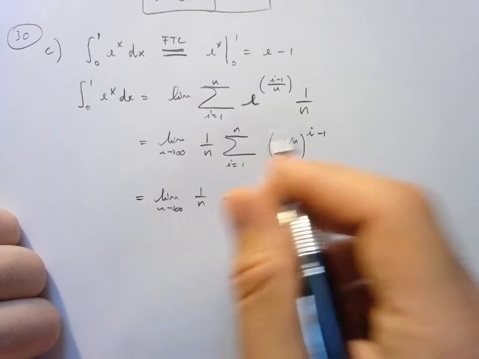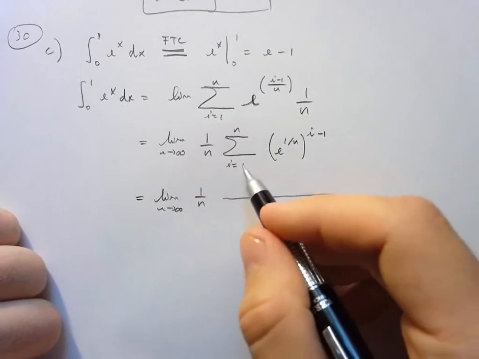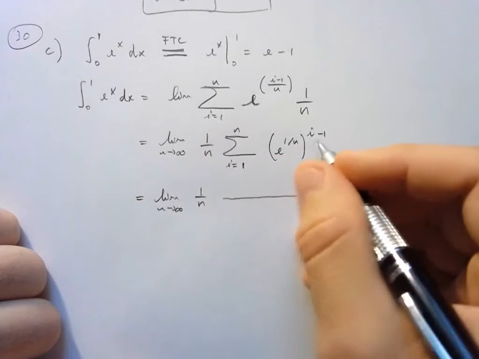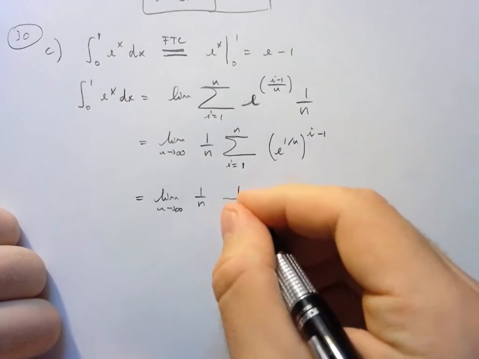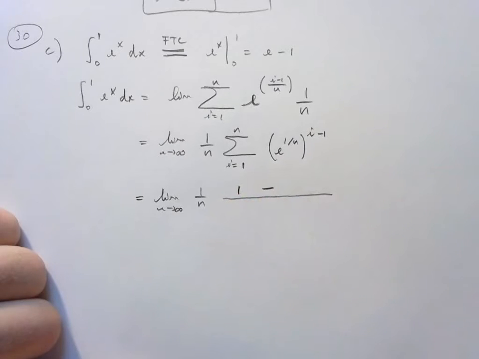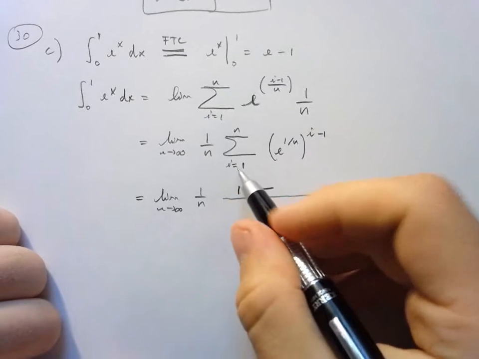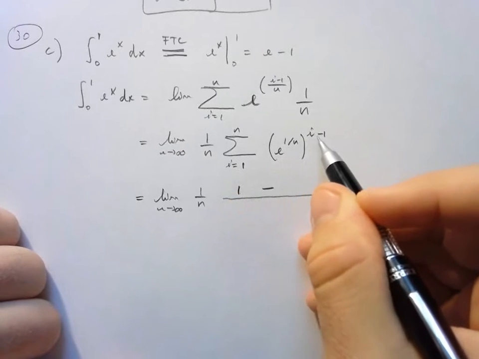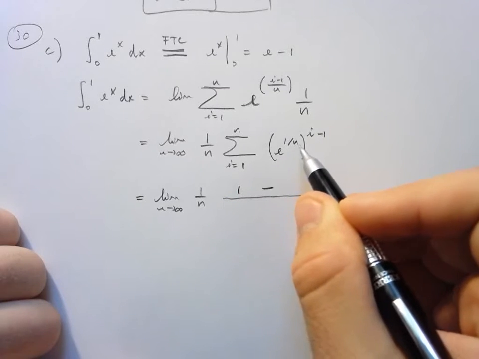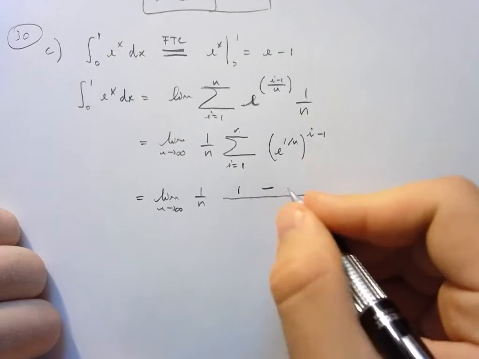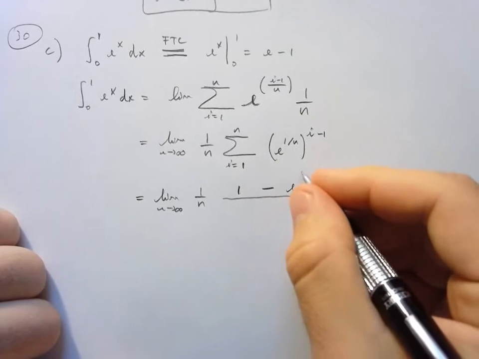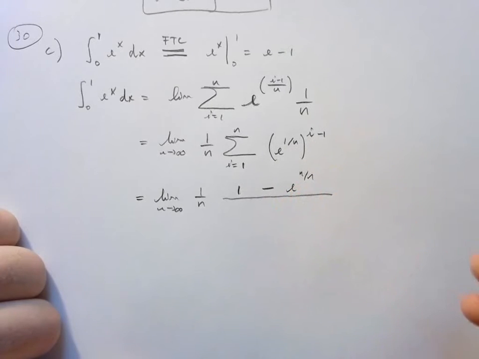The closed form for a geometric series is the first term, so when i equals 1, the first term in the sum is this to the power 0, which is just 1, minus the last term times the ratio. The last term is e to the n minus 1, times the ratio again, so it's going to be e to the n over n.